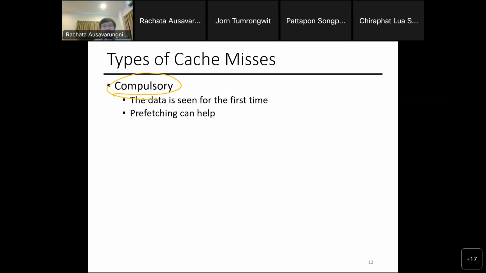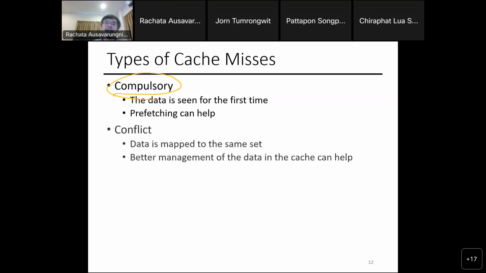Basically, this is the first time I see the address. It's going to be a cache miss, except you do a fancy trick called prefetching. We are not going to talk about prefetching. I put it in here just to make sure that, hey, it's not always bad. But when you look at the address for the first time, it's going to be a cache miss unless you do a fancy trick with it, which we are not going to cover.